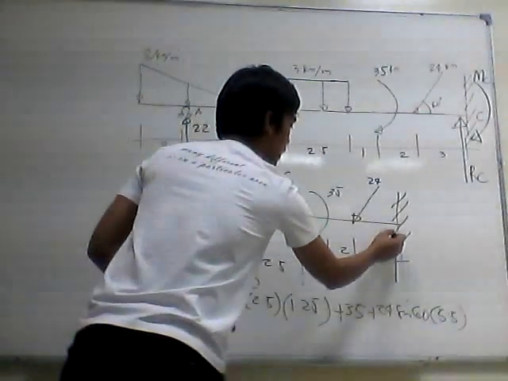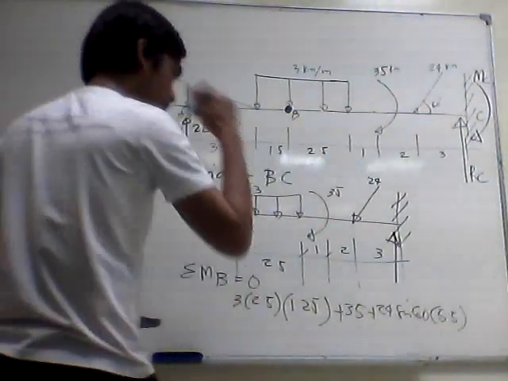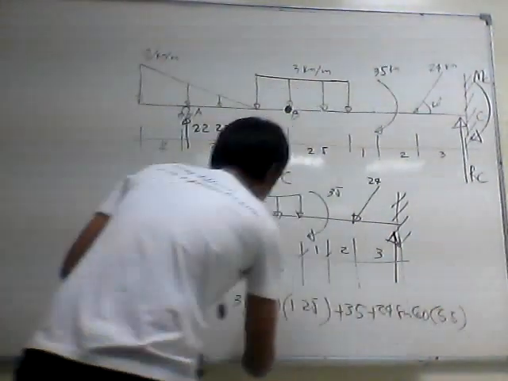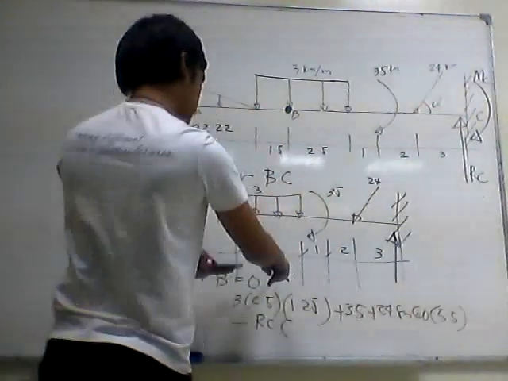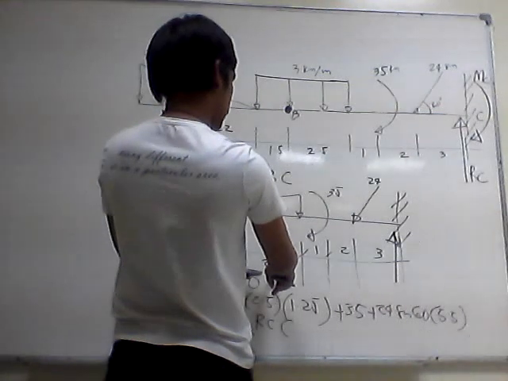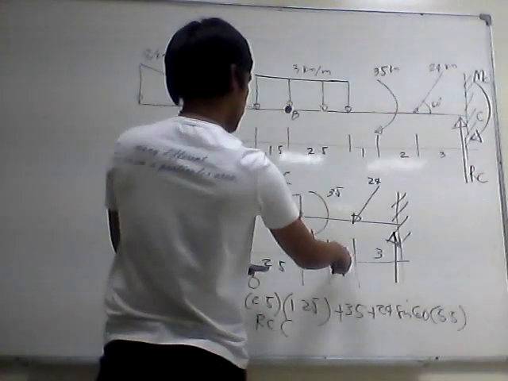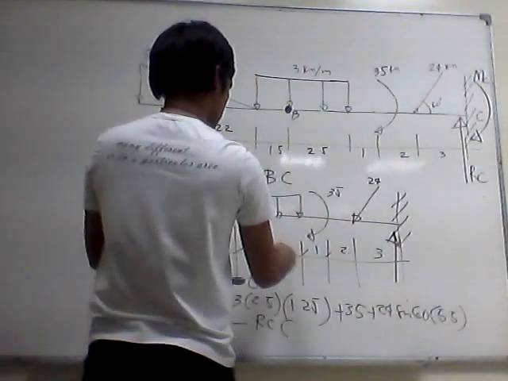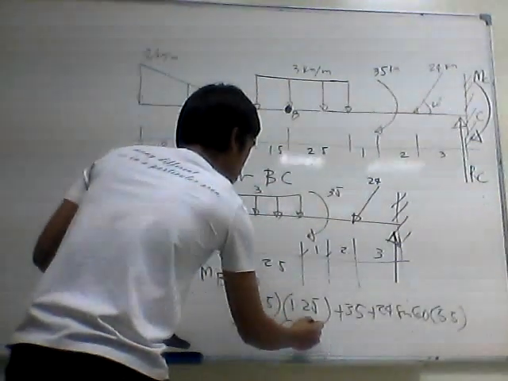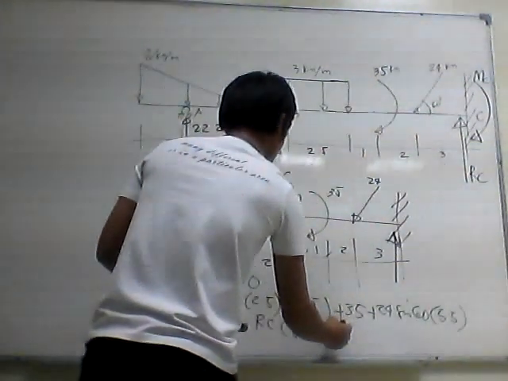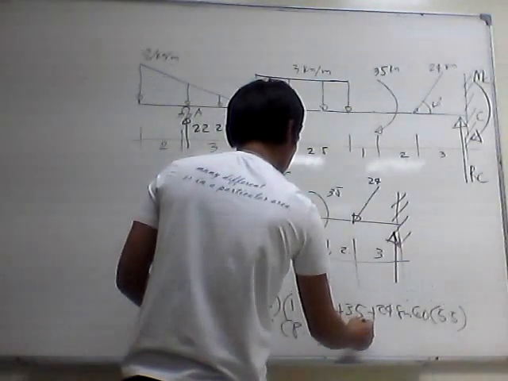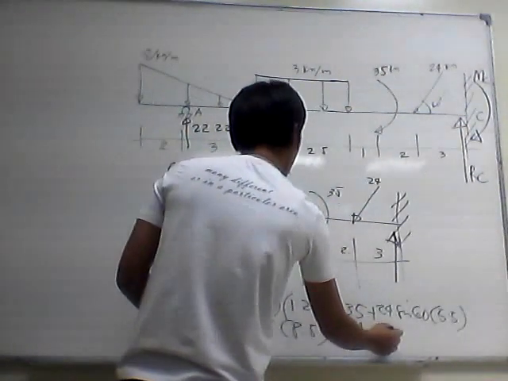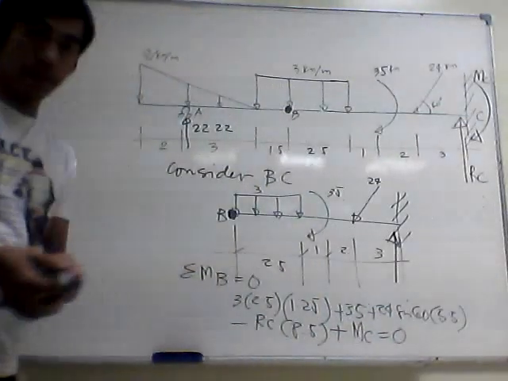Then we have minus RC multiplied by 2.5 plus 6, that is 8.5, plus MC equals 0.